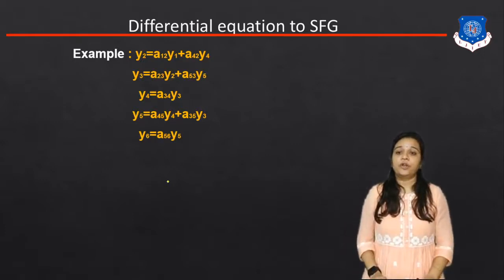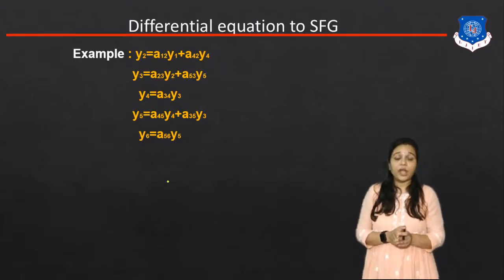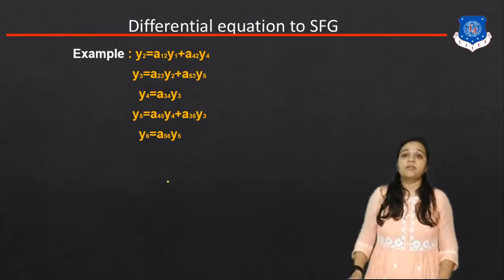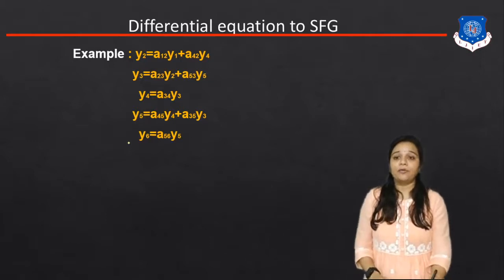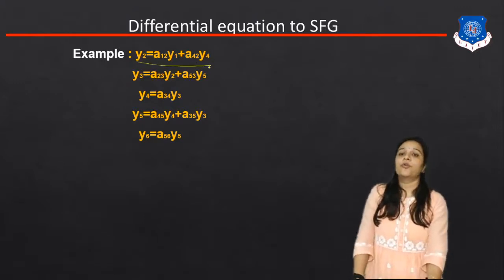First of all, you have to draw the signal flow graph. Whenever the differential equation is given, you have to draw the signal flow graph using the input and output terminals. Here the first equation is y2 equals a12 y1 plus a42 y4.